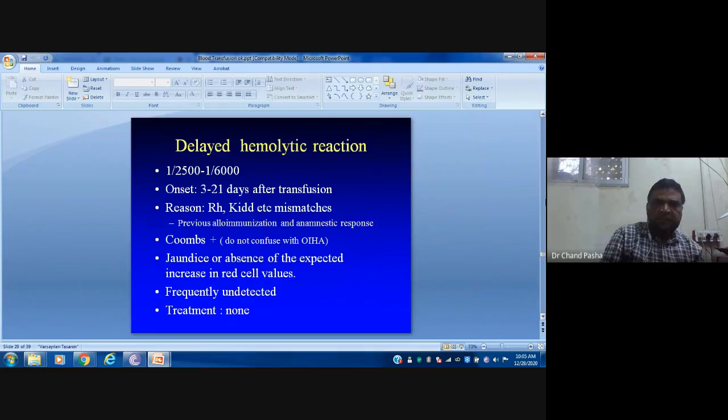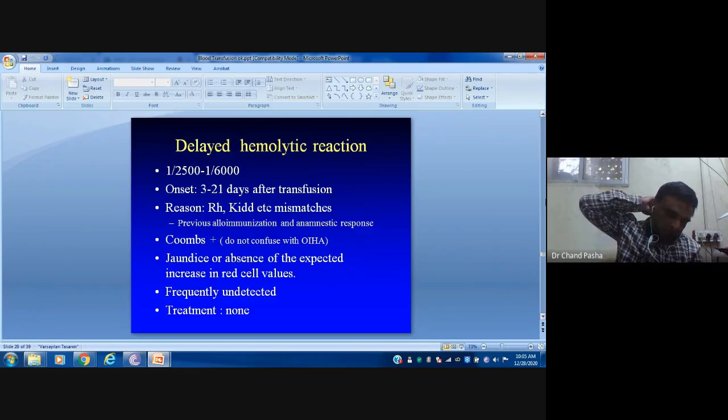Delayed hemolytic reactions occur in one in 2500 to one in 6000 cases. It is not immediate; it onsets 3 to 21 days after transfusion. Delayed reactions are not because of ABO grouping. It is because of Rh and Kell, like other antigens, antibodies and mismatches.